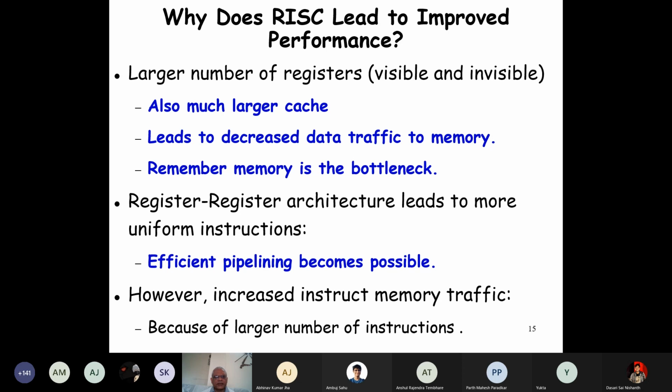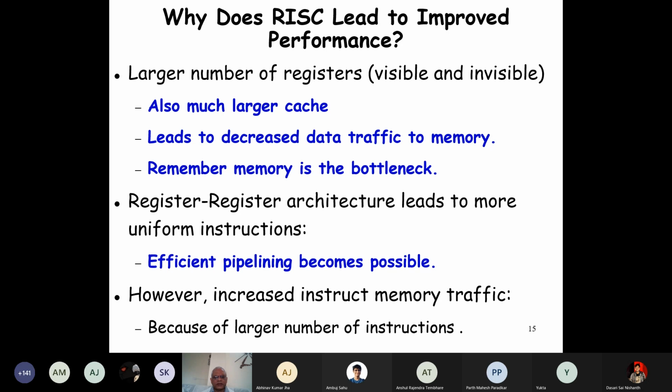But then, is there a negative thing about RISC? Okay, if we can think of a negative thing, one is that number of instructions increased. What we can do in CISC in 100 instructions, we might have to write 10,000 instructions in RISC. So the program size increases, executable code size.